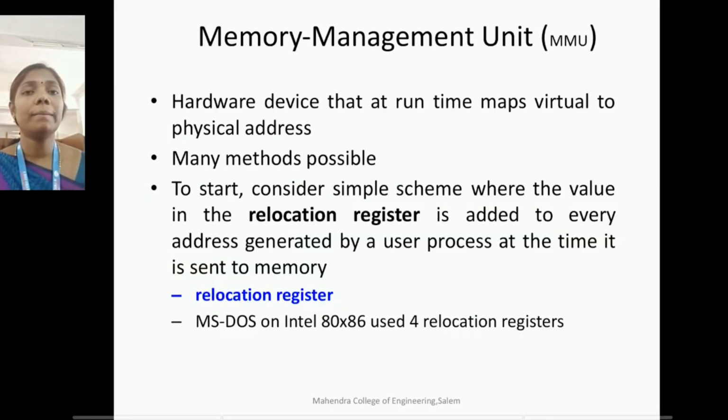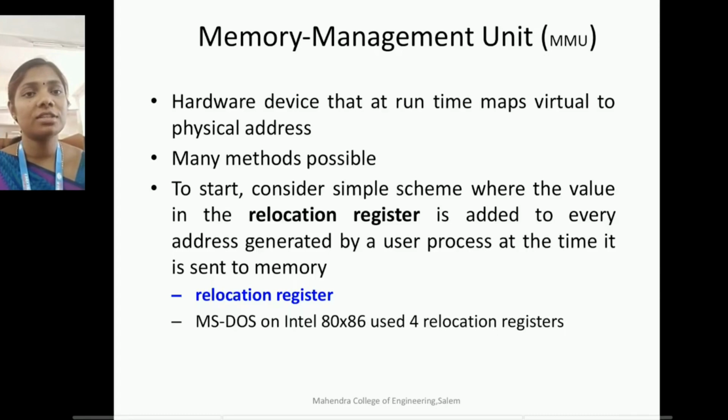Generating a logical address and mapping it to the physical address is taken care of by the memory management unit. This memory management unit is also capable of securing memory from one process to another. Even though we might be sharing the memory, it can maintain and secure the address space of one process from another with the help of the relocation register.